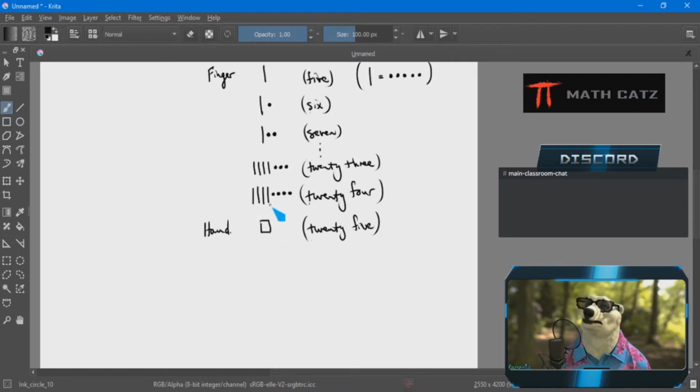So that would be 25. 5 fingers, so 5 groups of 5. And I could say here that a hand is equal to 5 fingers. But I can't list 5 of the same symbol. I introduce a new symbol. Okay. And then I can keep going.